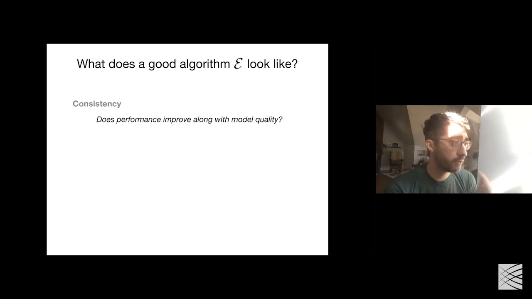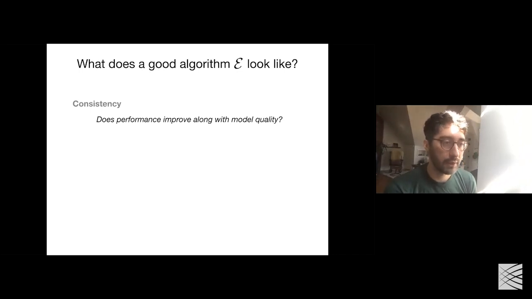There are a couple more, and these are more quantitatively studied, especially in online algorithms. We are not in the regime of online algorithms where we can provide some sort of worst case guarantees, but we are in heuristic algorithms mode, but these concepts are still relevant here. One is consistency. If you improve your model quality, does your algorithm get better?